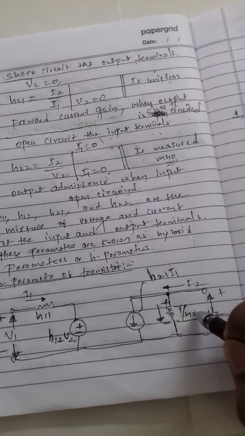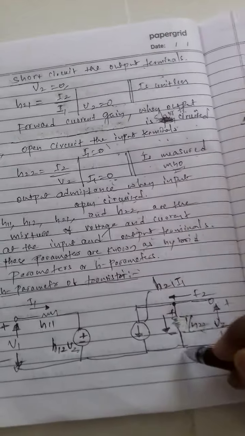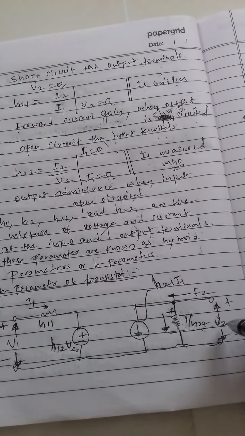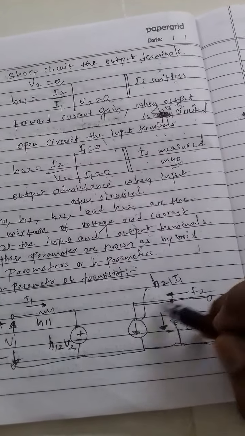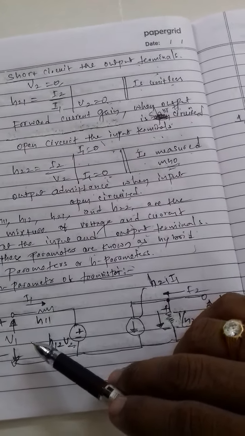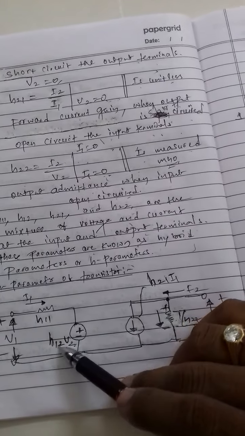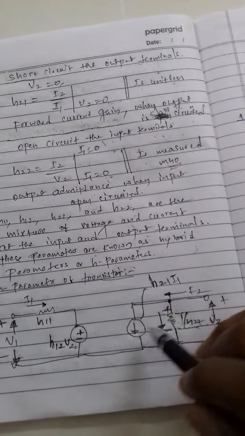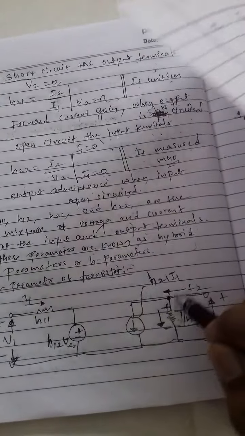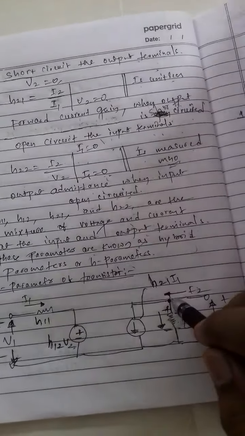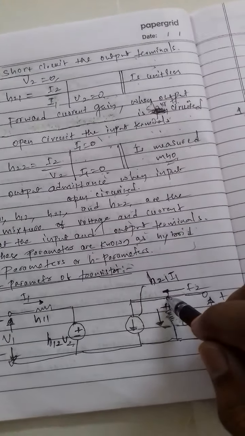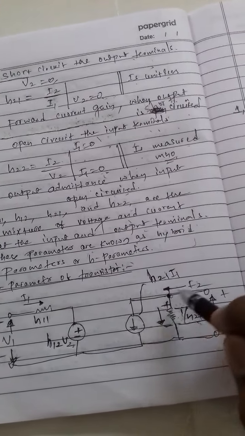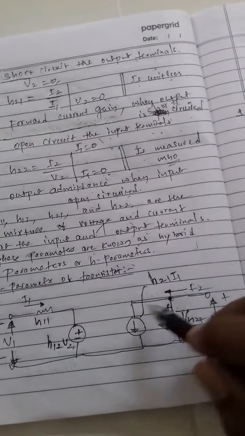Since H22 is an admittance parameter, the equation for V1 is obtained by applying KVL to the input, and the equation for the current I2 is obtained by applying KCL at this node, so that the current I2 enters the node and these two leave the node. From that, the hybrid model for the transistor can be drawn.